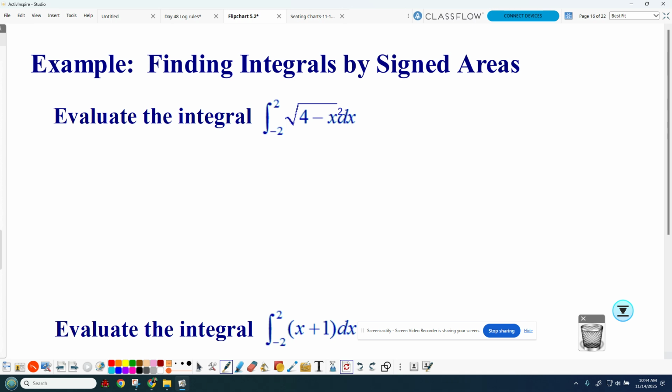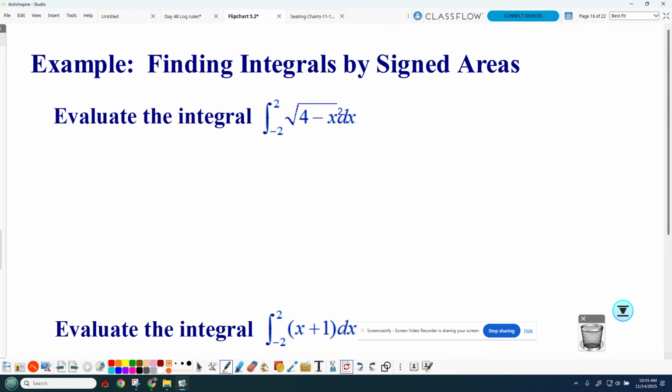This first one, even in June, when you are done school, you will not know how to integrate this other than with geometry. So how do we do it with geometry? Carefully. Valid advice.